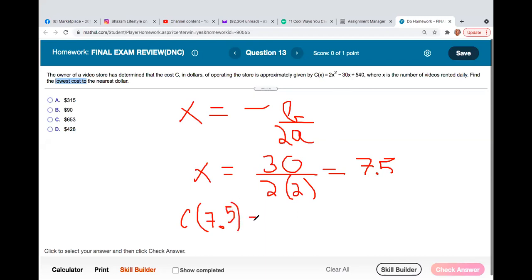And then that's going to be 2 times, somebody will have to grab a calculator and do the calculation, 7.5 squared, and then minus 30 times the 7.5, and then plus 540, and that'll give you the minimum cost. Okay, guys? So throw that on a calculator.